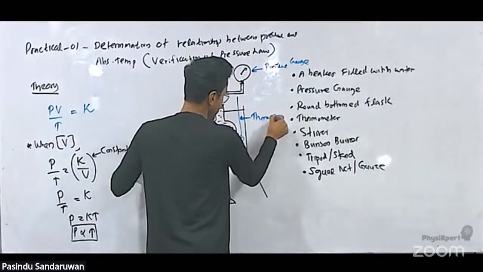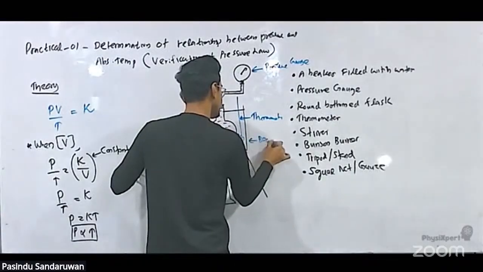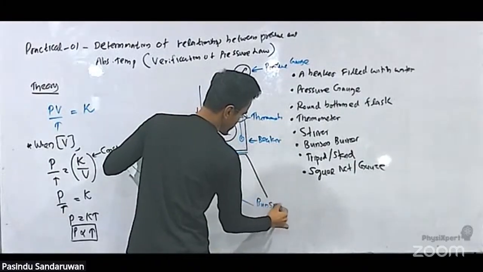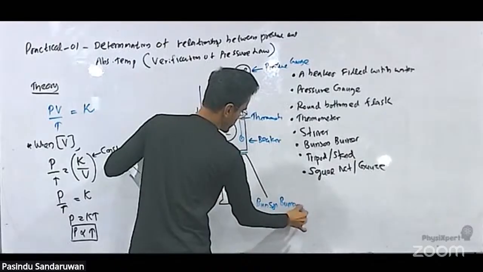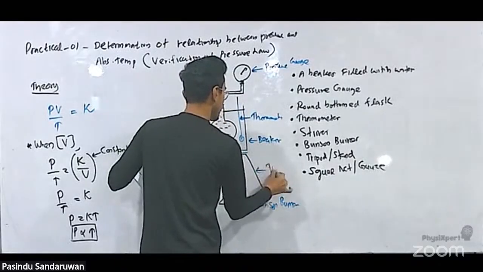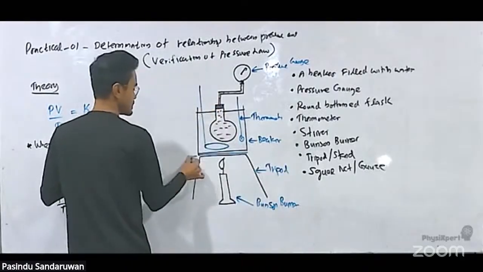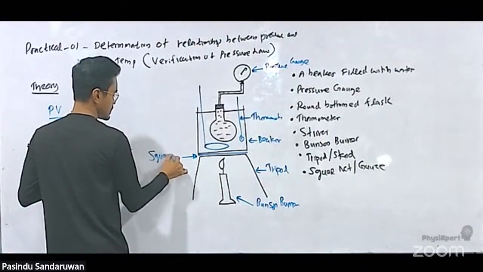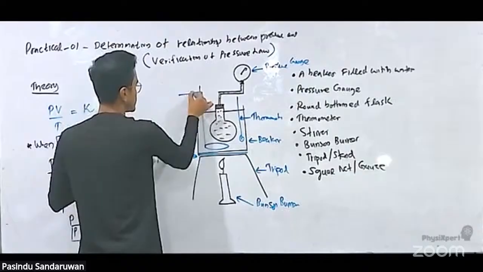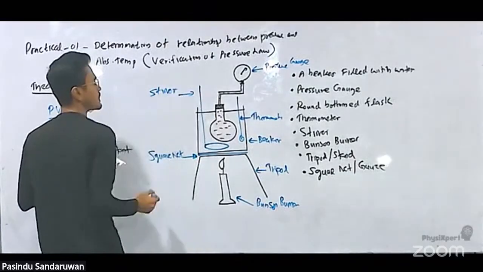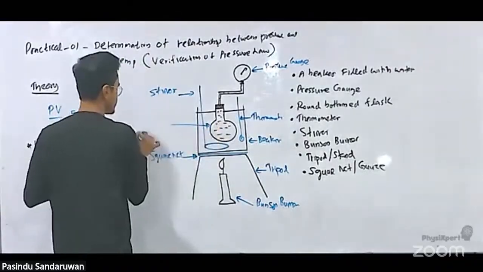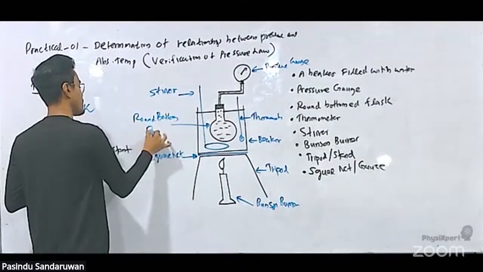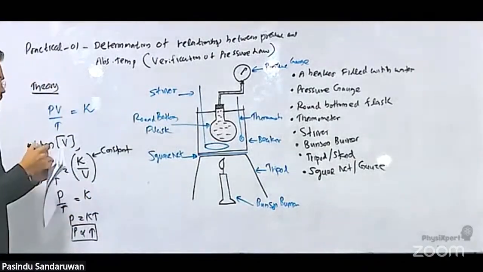Label this while you are drawing: thermometer, beaker, Bunsen burner, stand or tripod, square net, stirrer, round bottom flask. Right. Take down the apparatus.